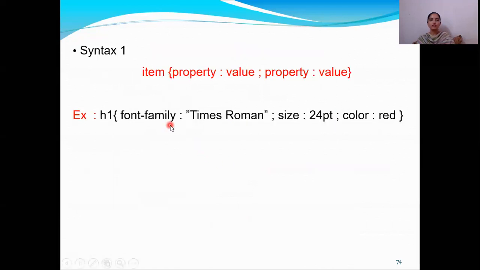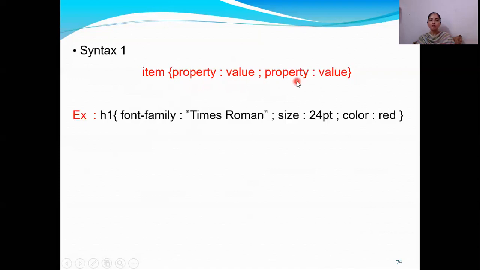The syntax of your CSS can be written in two ways. The very first syntax style is represented here. The element or the tag is what is shown in the syntax as an item. So if you are trying to apply it on a paragraph, your item must be replaced with P. What style you want to apply and its value is shown in the form of property : value.